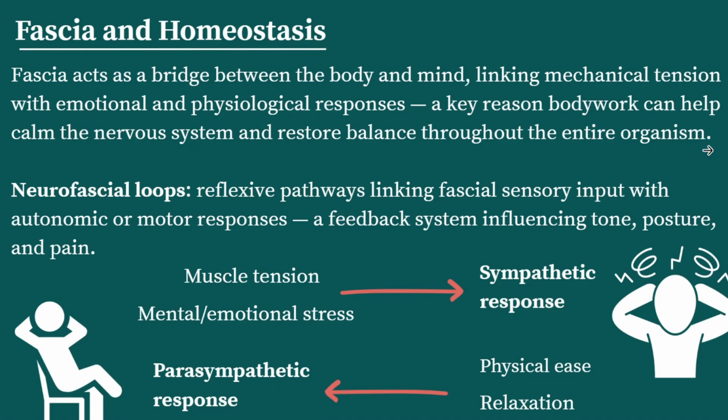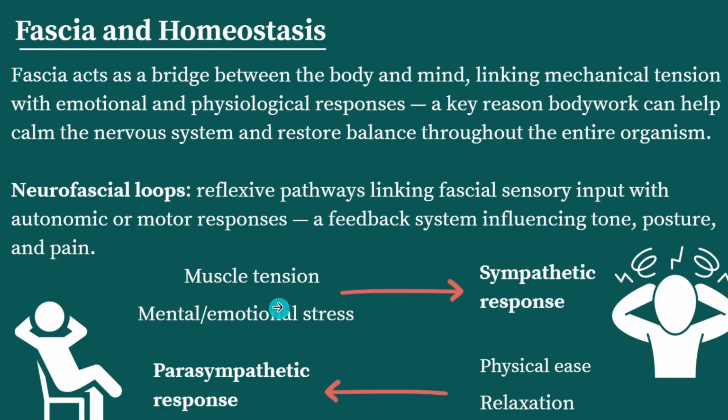So, fascia and homeostasis. Let me wrap my mind around how I'm going to explain this. Neurofascial loops bridge the gap between the body and the mind, between our nervous system and the tissue in our body. When we are feeling stress, our muscles will tighten up, which further creates a sympathetic response.